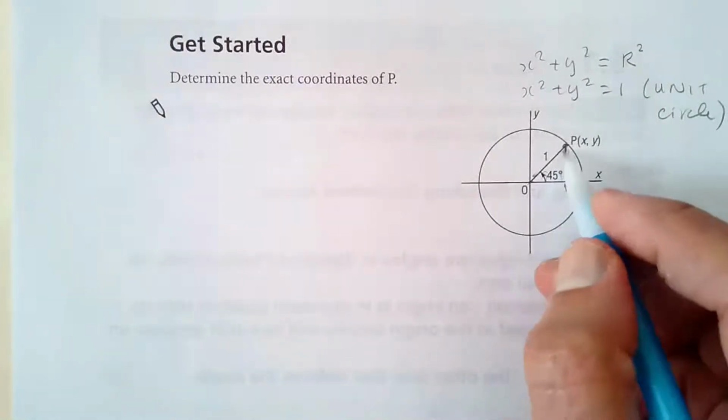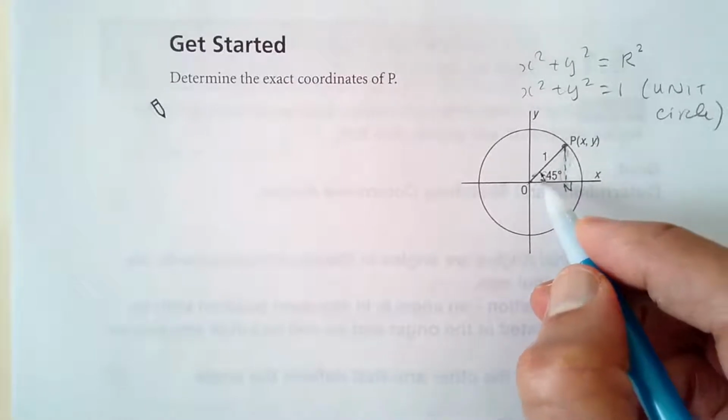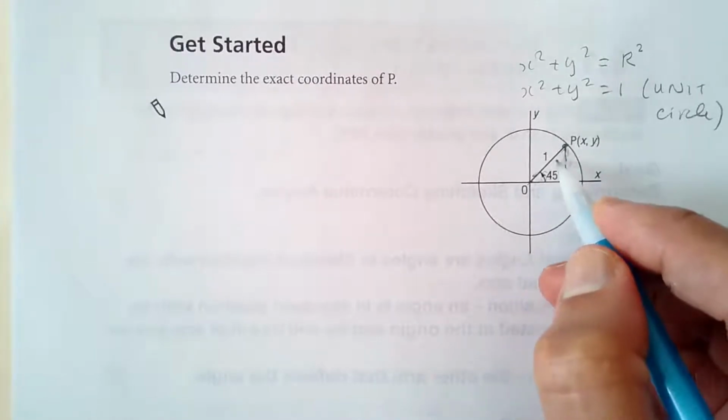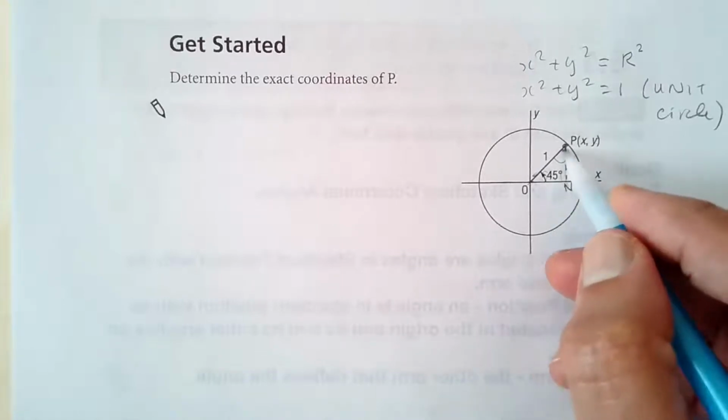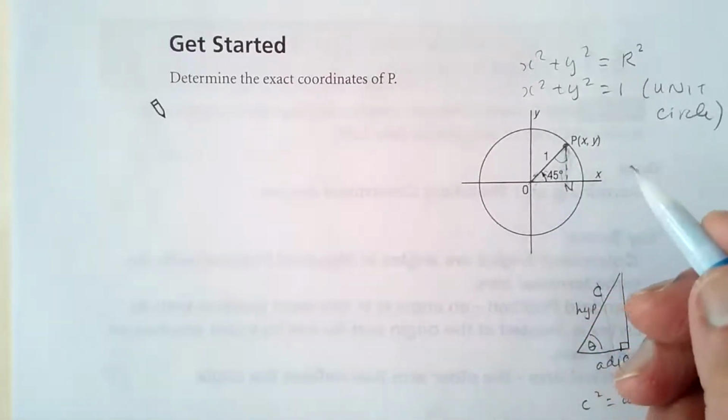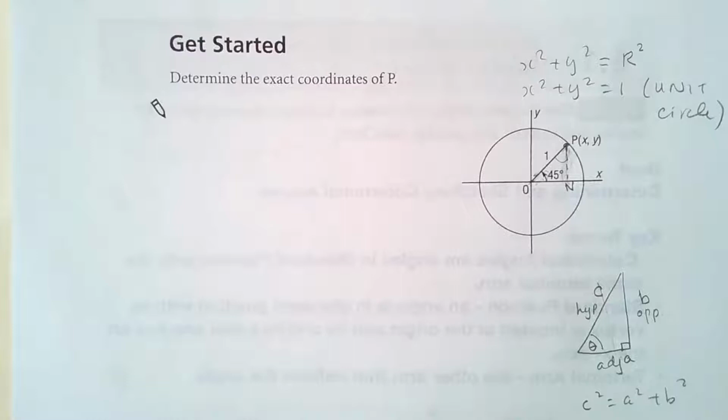Now, this is an isosceles triangle because this angle here is 45 degrees, this also should be 45, and this is 90 because the base is perpendicular.